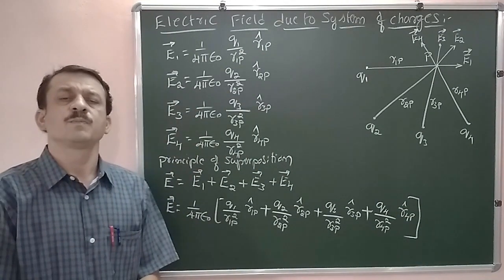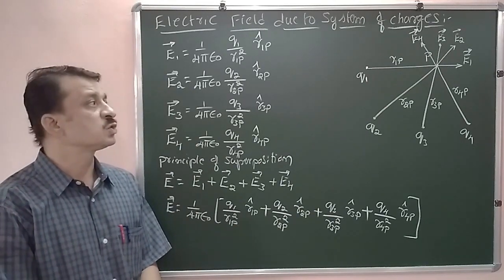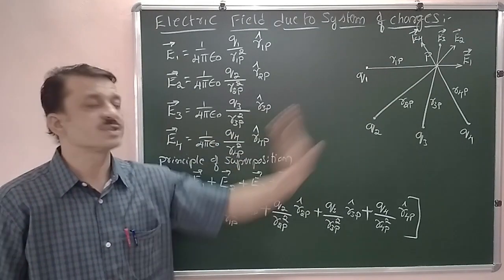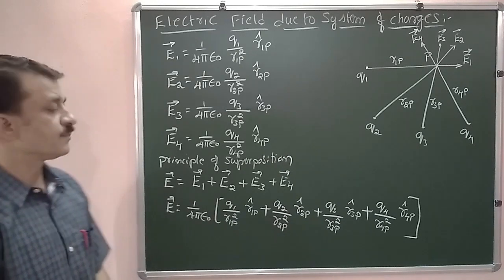Now this gives the expression for the total electric field due to the system of 4 charges.